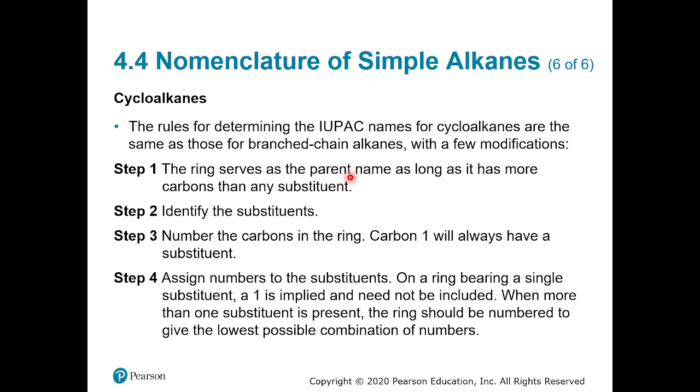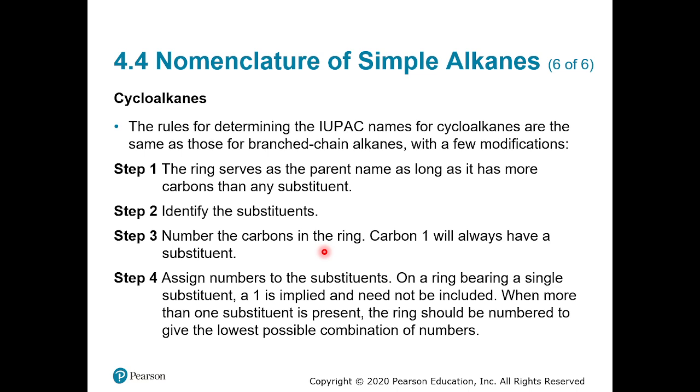You're going to number those carbons just in that ring. You're then going to identify the substituents that are off of this ring. You're going to number the carbons in the ring. Carbon number 1 will always have the substituent because that's always going to be the first spot. Kind of like saying, where's the origin of a sphere? Wherever you want it, right?